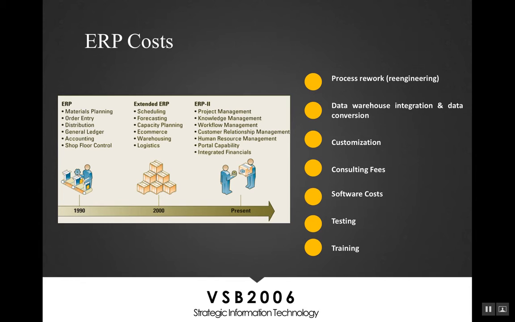With the 80-20 rule, how do you achieve that 20%? How much is done through customization, how much through integration with other tools, how much through modifying business processes?